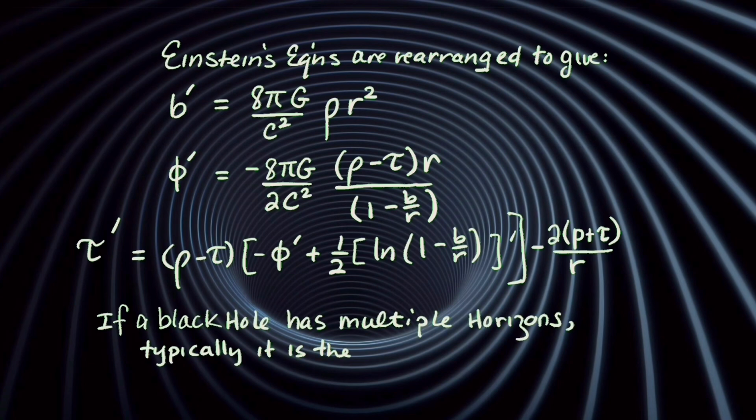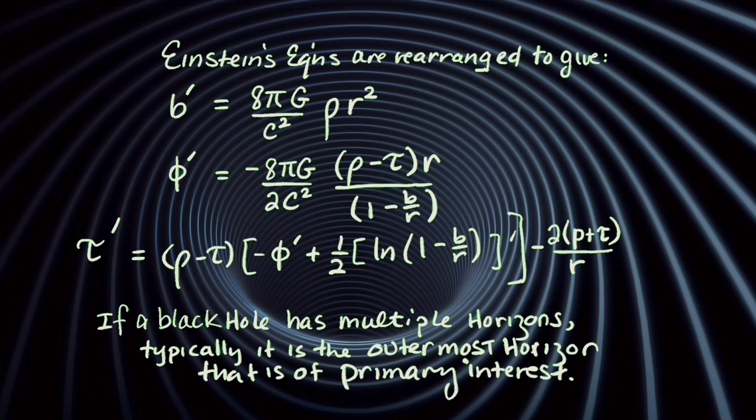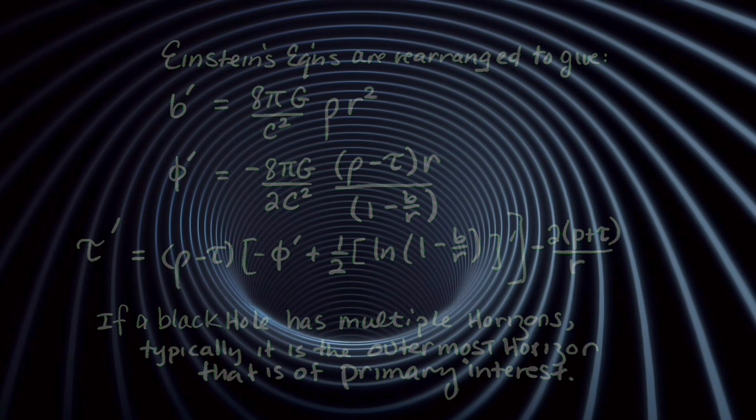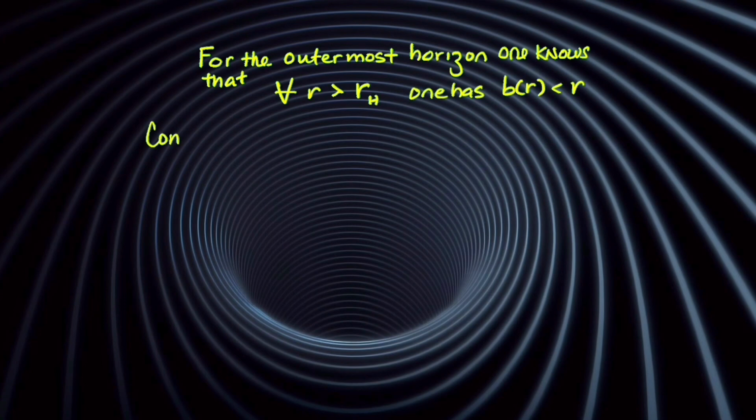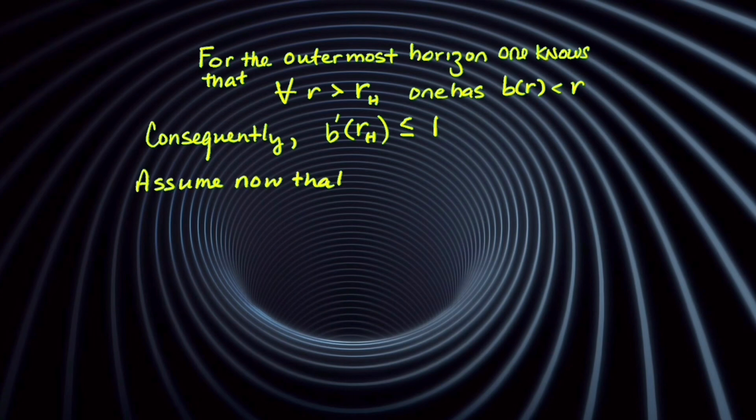and if a black hole has multiple horizons, typically the outermost one is the one of primary interest. For the outermost horizon, one knows that for all radii greater than the horizon, one has a function b less than the radius.